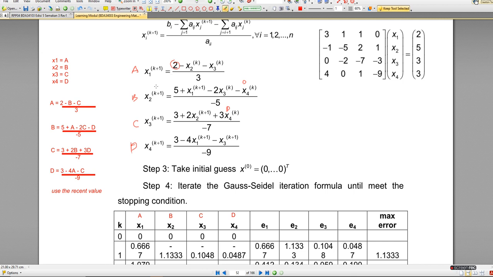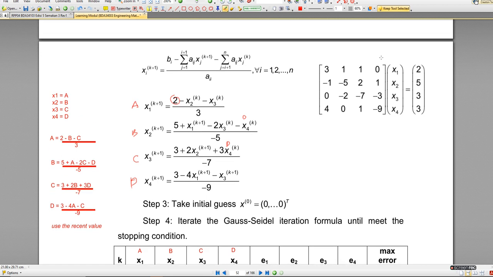2 minus 2. So this equation or these characters are based on the question given in your assessment, in your test or in your final exam question. So it might change.